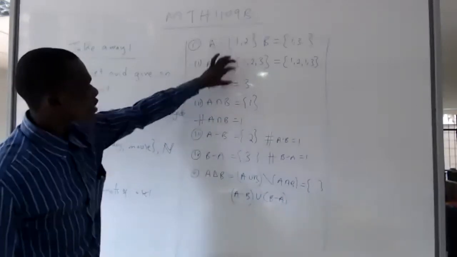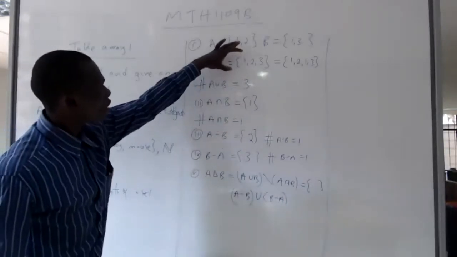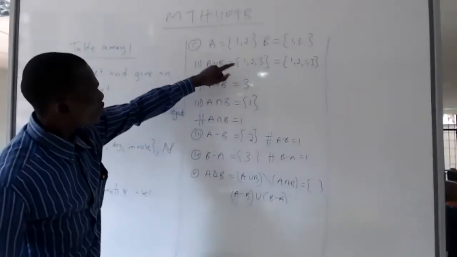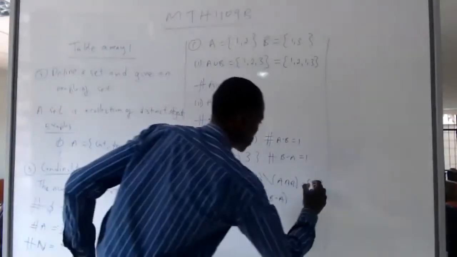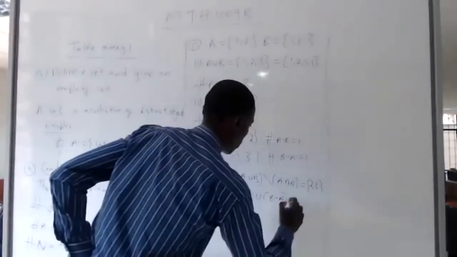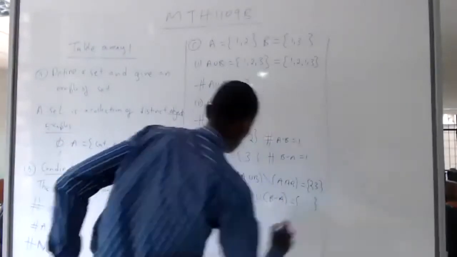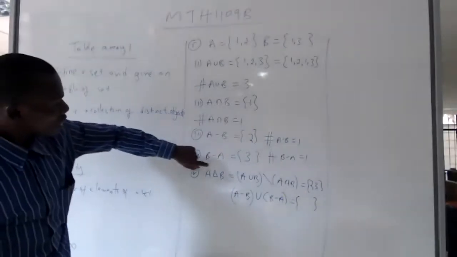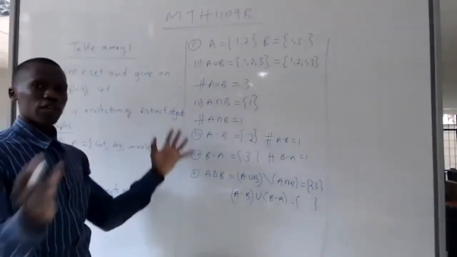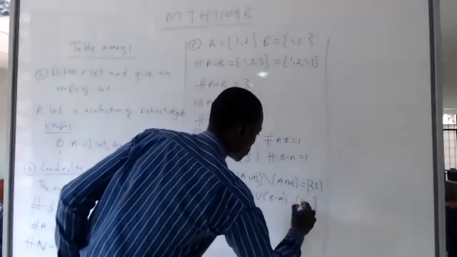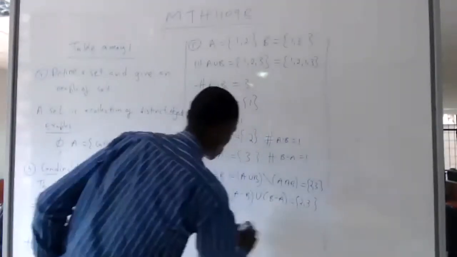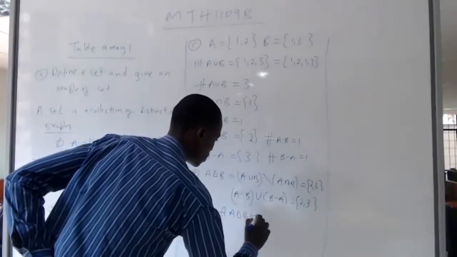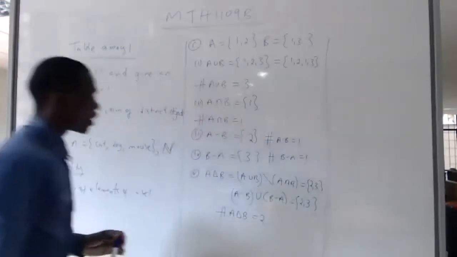So we take the elements in the union but not in the intersection: 2, 3. If you use the second definition, A minus B is the singleton 2, B minus A is the singleton 3. The union of that, just put them together, is also 2, 3. And the cardinality of this symmetric difference is only 2 elements.